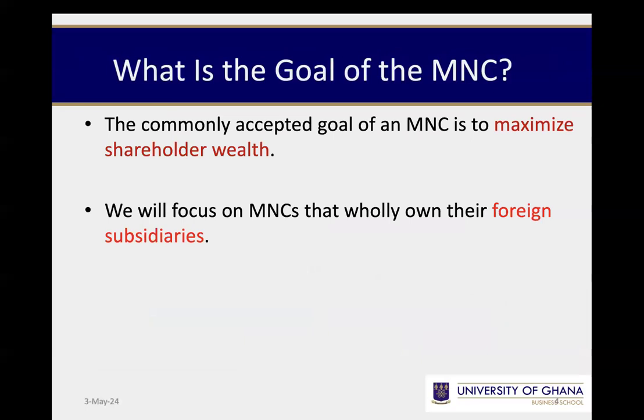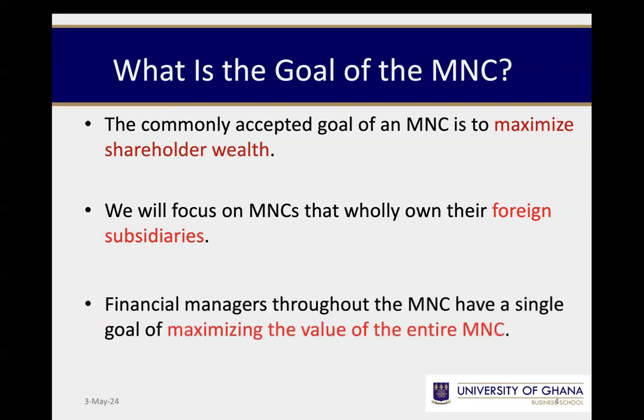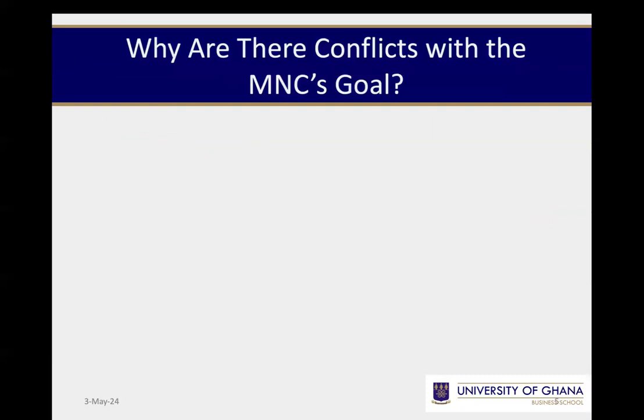As I indicated earlier, for this course, we'll focus on multinational companies that wholly own their foreign subsidiaries. Financial managers throughout the multinational have one single goal: they must maximize the value of the entire multinational company.